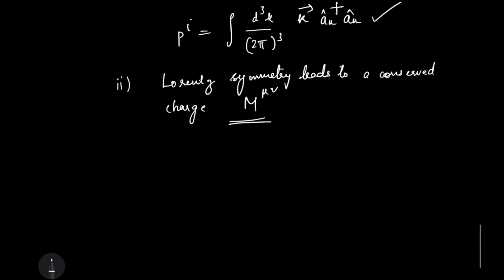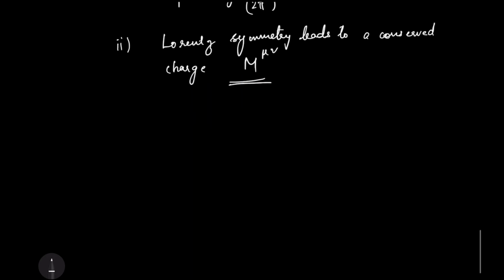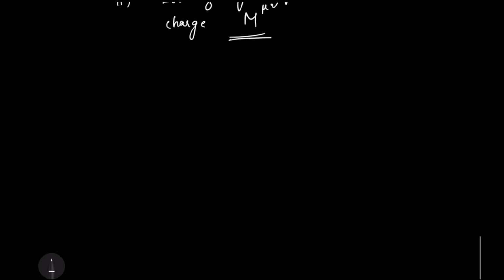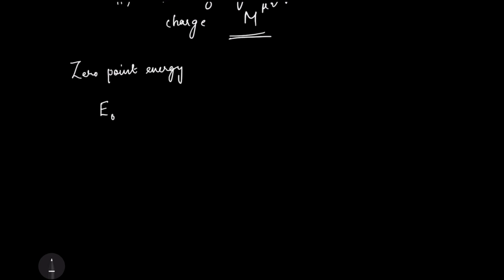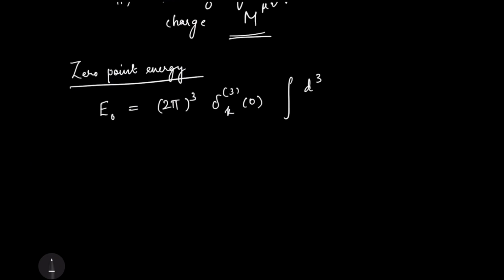Now let's discuss the zero-point energy. So once again I'll just rewrite the expression for the zero-point energy. The zero-point energy E naught is given by 2 pi cube del cube of 0, because k prime minus k was 0, then integral d cube k by 2 pi cube omega k by 2, or E k by 2.